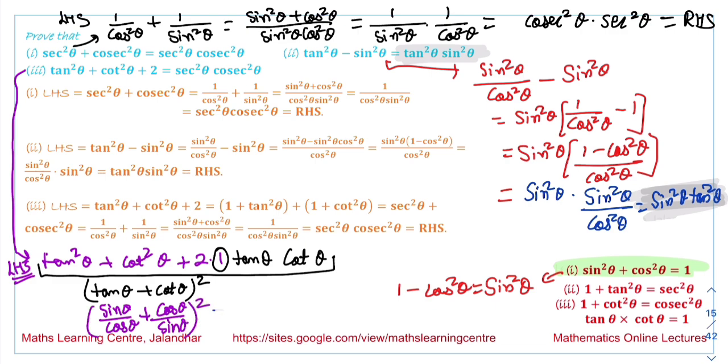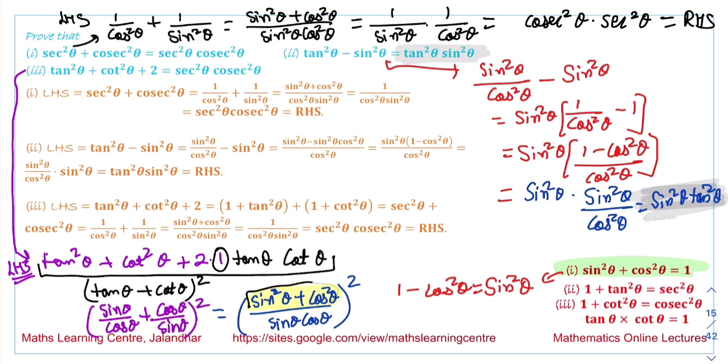If we take the LCM over here, it is sin theta into cos theta, squared over here, and in the numerator we will get sin square theta plus cos square theta. And what is the value of sin square theta plus cos square theta?